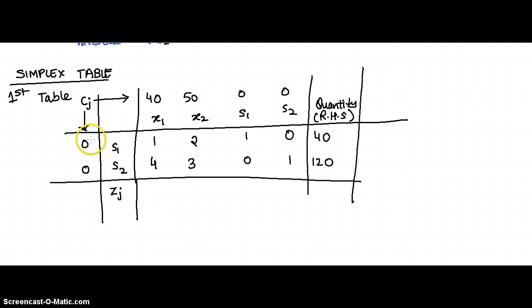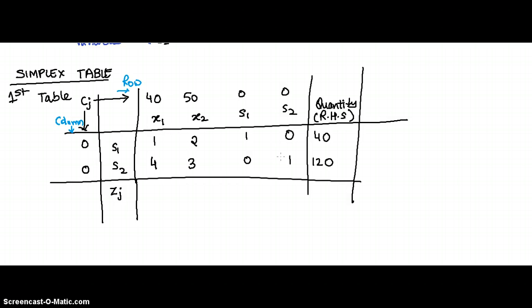So we need to multiply this Cj column. Now to calculate Zj, what we have to do is multiply the Cj column value by each column value under the quantity x1, x2, s1, s2 and then add.